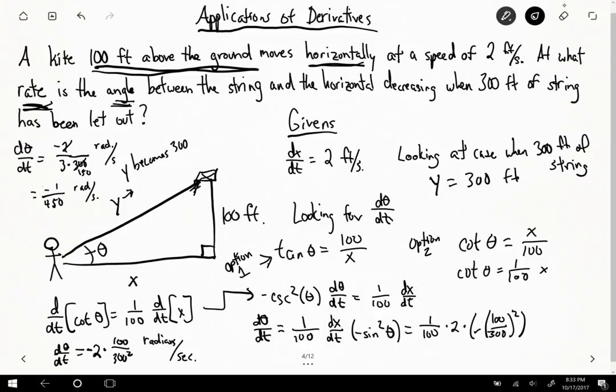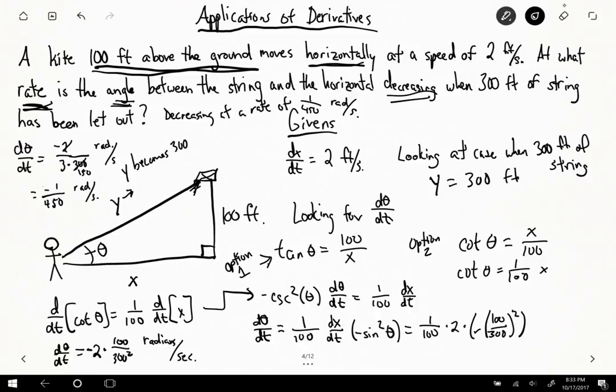Now notice it asks for decreasing, so the negative is telling us it's decreasing, and so decreasing at a rate of 1 over 450 radians per second.